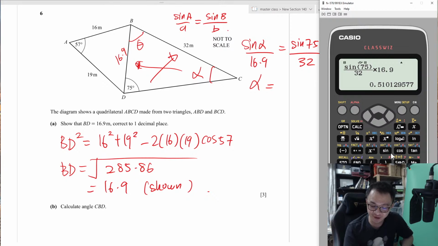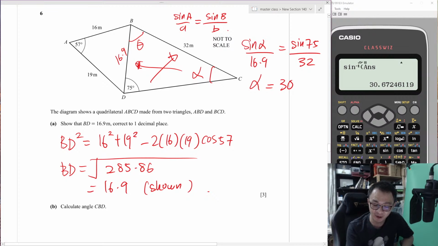Alright, then I will do shift sine, answer. So this one will be 30.7 degree. Alright, I don't want to round off now. I round off at the end, 30.67.